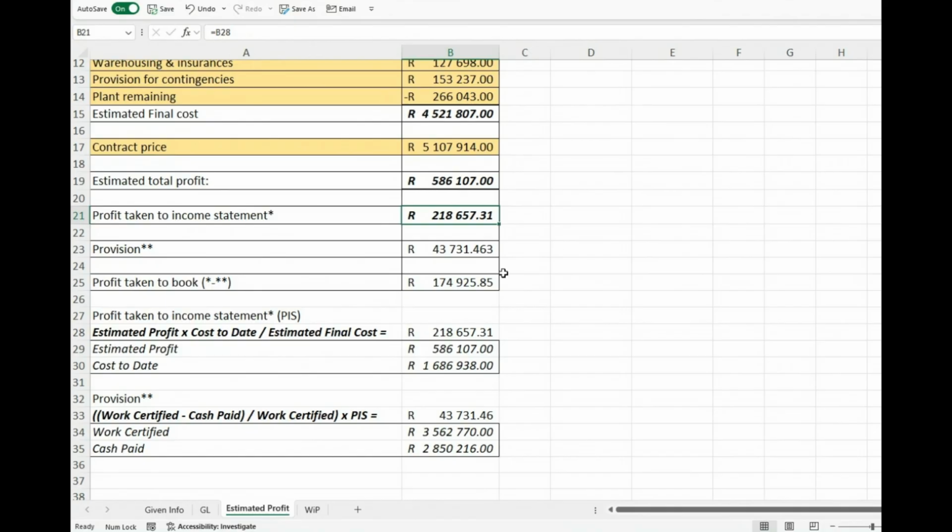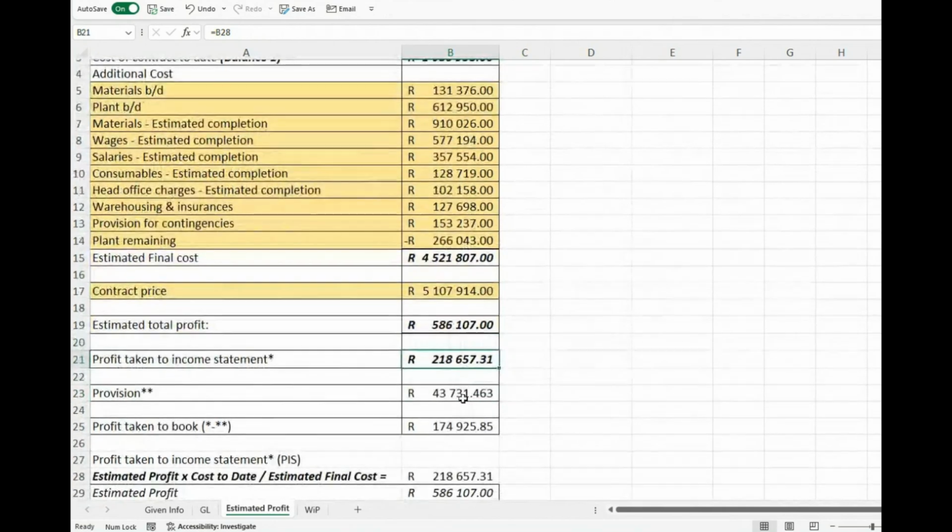We also have to put in this provision. And the provision, we are not told why we decided on this amount, but you can also calculate it, and that is from the work certified. We know what our work certified is. That's the 3562.